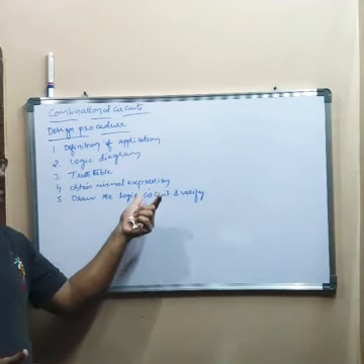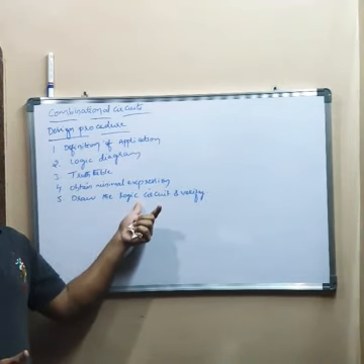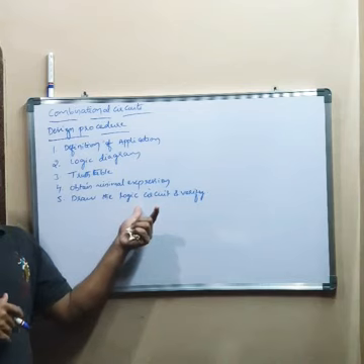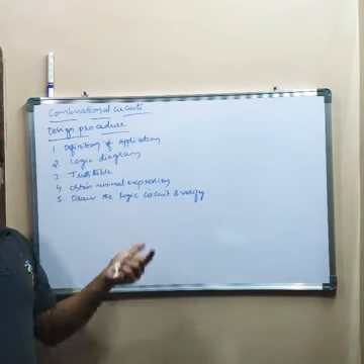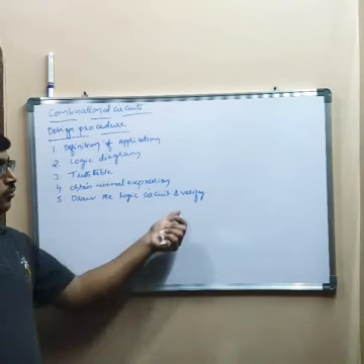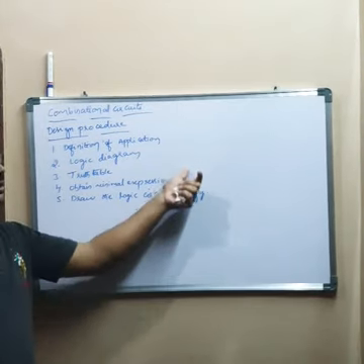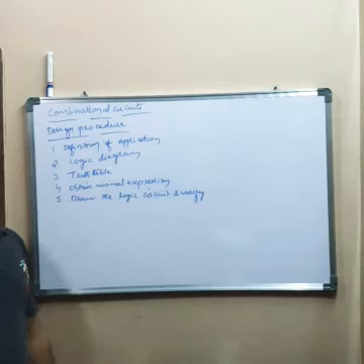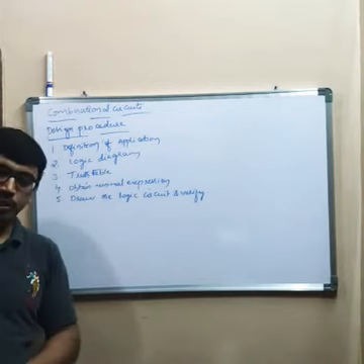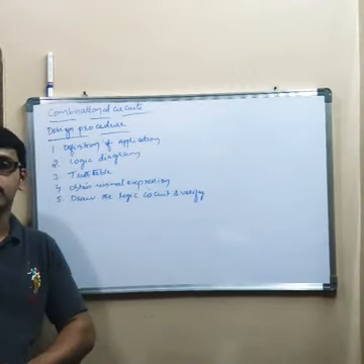After obtaining the minimal expressions, we have to draw the design, that is the logic circuit. After designing the logic circuit, we have to verify whether our design is correct or not, right? So all these are the steps of combinational logic circuits. Let us see the first design of combinational logic circuits, that is adders.